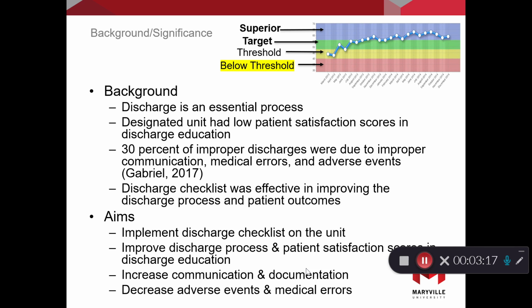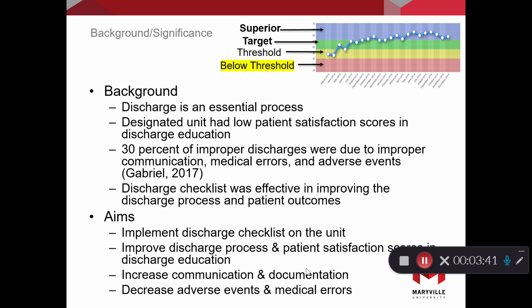So not only from a patient standpoint, but also from a financial standpoint, that's the importance of why discharge needs to be done correctly. It's found in the literature that the discharge checklist was effective in improving the discharge process and patient outcomes. And this is another reason why this project was implemented.